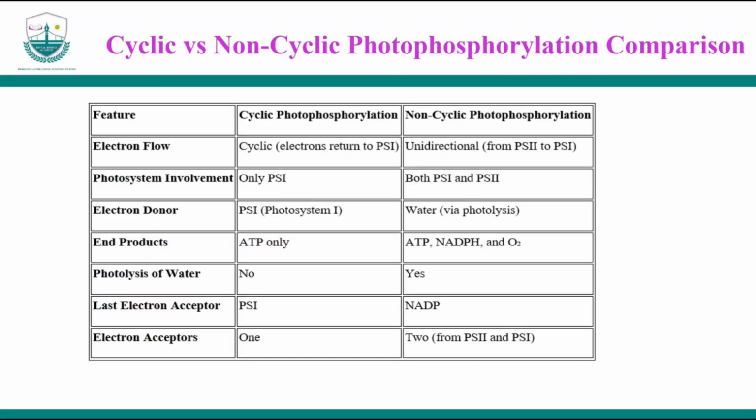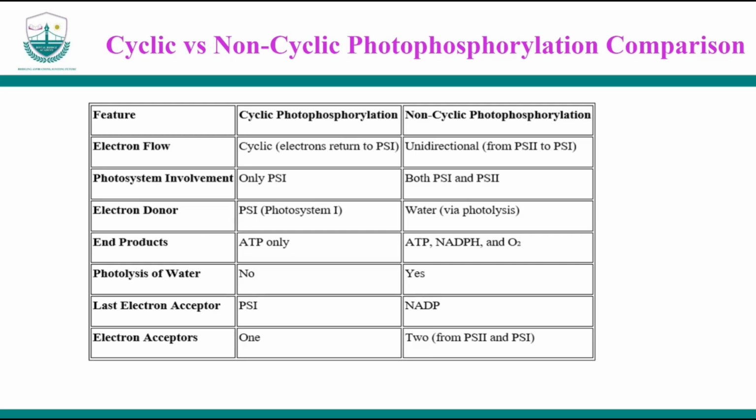Okay, so coming to the differences, cyclic phosphorylation involves photosystem 1. That means that the electrons have to come back to photosystem 1. You don't have anything to do with photolysis of water. Why? Because photolysis of water only happens because the electrons in photosystem 2 have to be replaced. That replacement happens when you have the water splitting, to fill in the electrons.